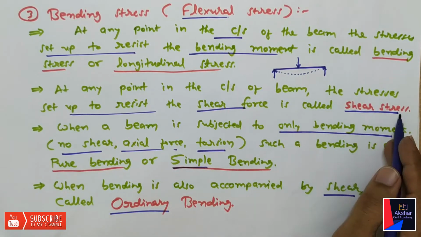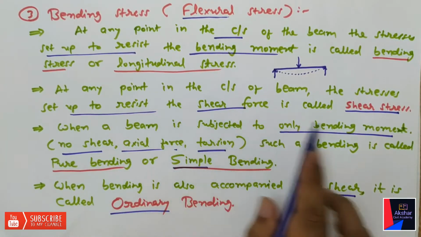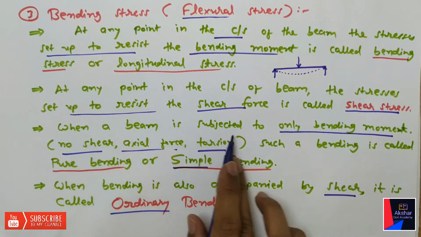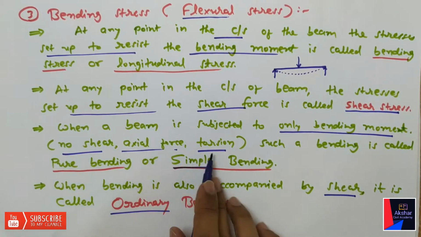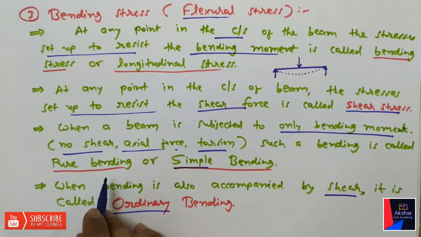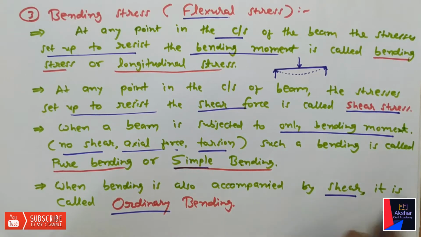Second, shear stress: shear stresses are set up to resist the shear force. Simple bending: what is simple bending? When a beam is subjected to only bending moment, no shear, no axial force, no torsion, then it is called pure bending or simple bending. When bending is also accompanied by shear, then it is called ordinary bending.